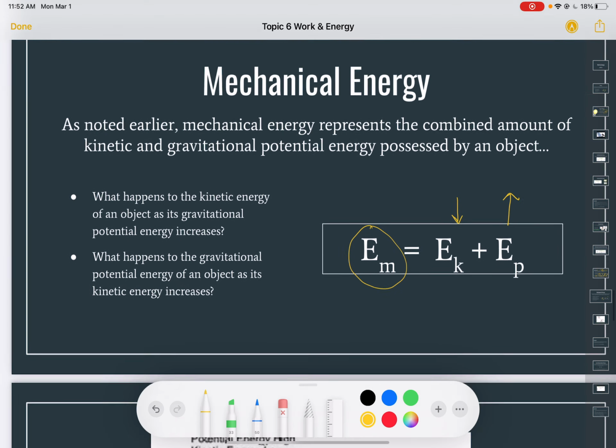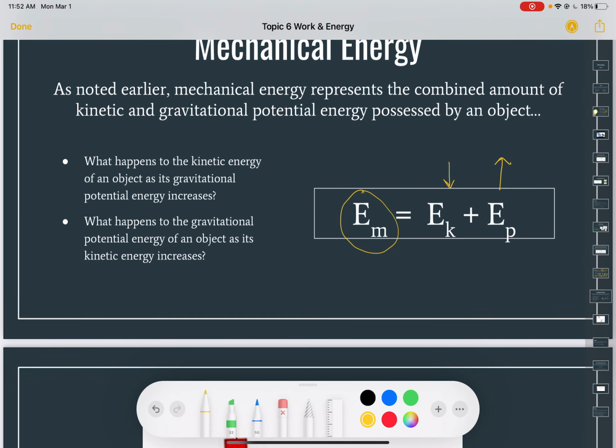And if that doesn't make sense, me doing it that way, if I give it a number, so let's say this is 10 joules of energy, and we've got 5 of kinetic and 5 of potential. And if we're talking about this potential going up, then we could maybe change it to 8.